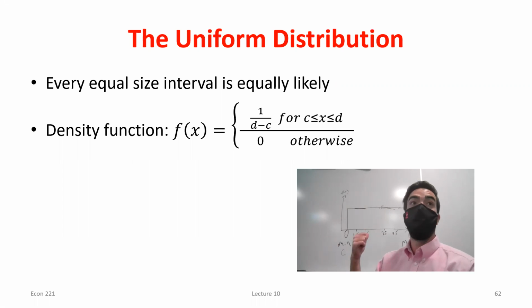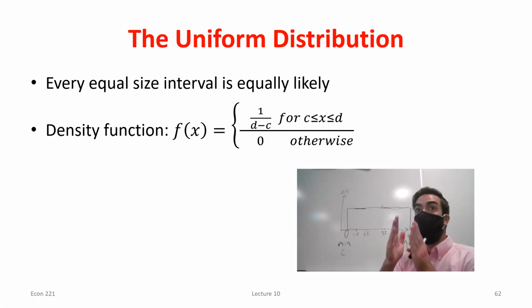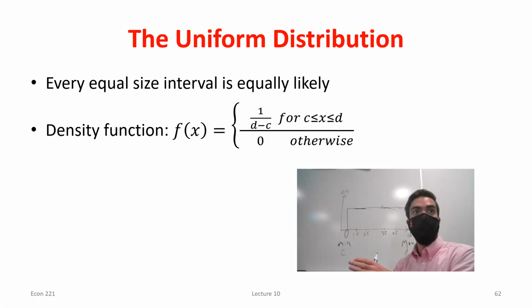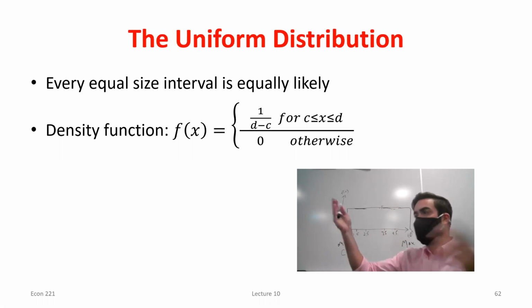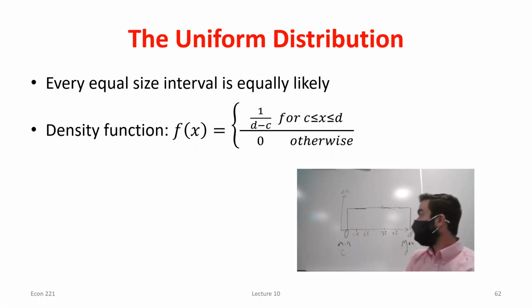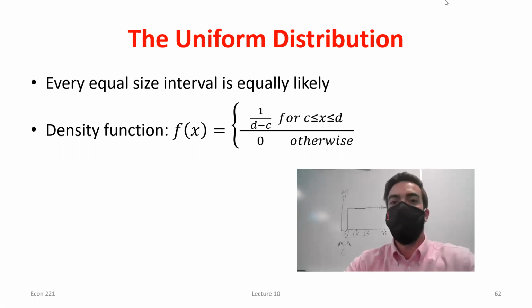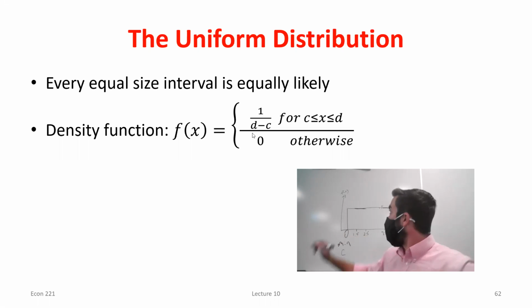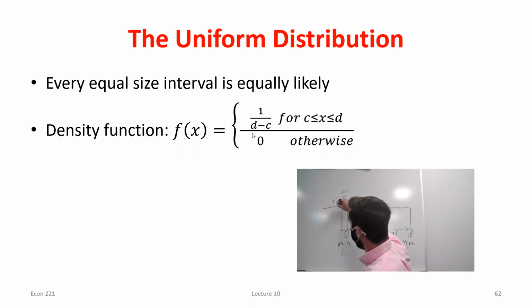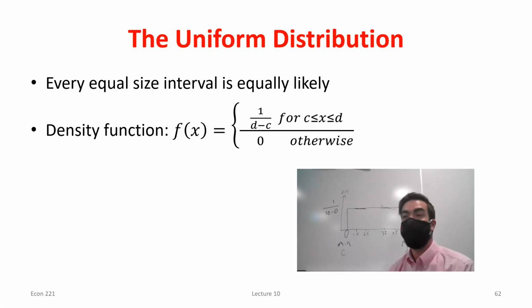If I broke up 0 to 10 into 100 different areas, then the probability of any one of those areas occurring would be 1 over 100. I can split it however many ways I want, but I'm still dealing with the range from 0 to 10. So for this density function, the height of it will just be 1 over d minus c.